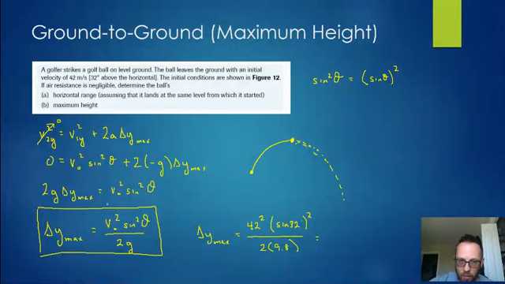Again, sine squared theta just means do sine 32 and square what you get. So 42 sine 32 squared divided by 2 divided by 9.8. You should do this too. And we get about 25.3 meters, which is the maximum height.